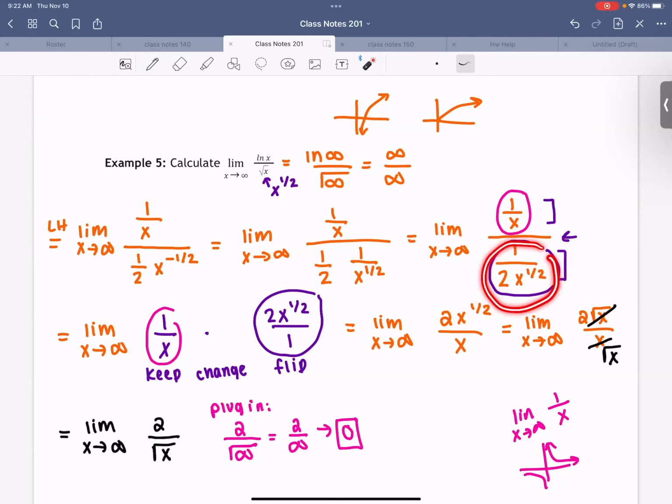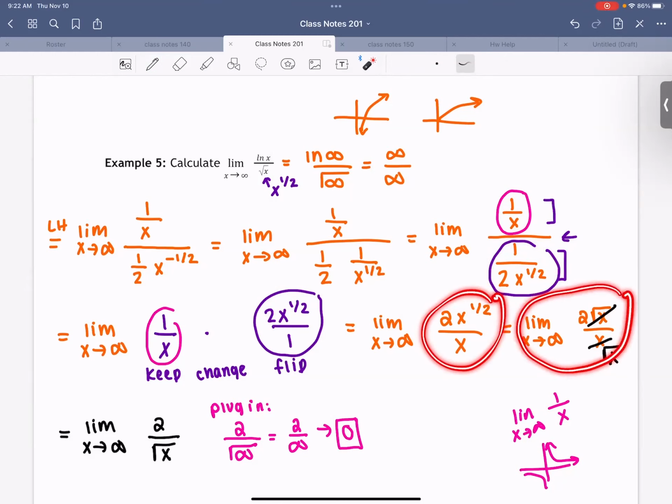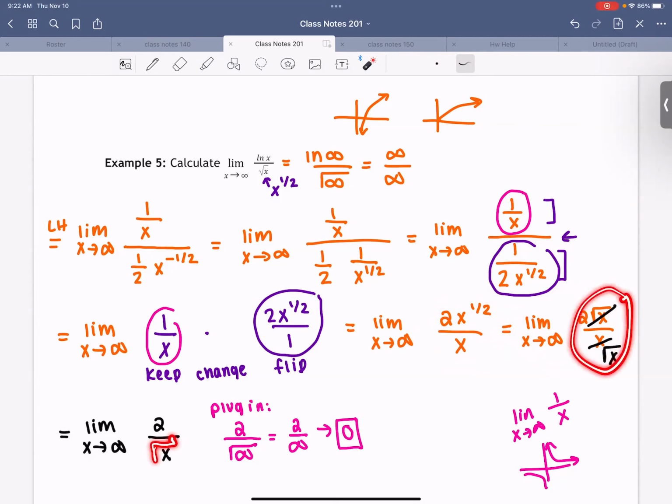Here, just to the right, where it's 2 square root of x divided by x. Oh, so you're wondering how the square root of x ended up in the bottom when I did this? No, I understand how it got to the bottom. It's just the 2. That 2 should be a 1 at that point.